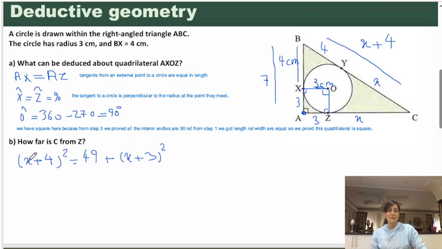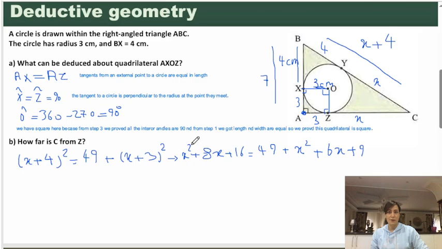If I expand this expression on the left side, I will have x squared plus 8x plus 16. And for the right side, 49 plus x squared plus 6x and plus 9.